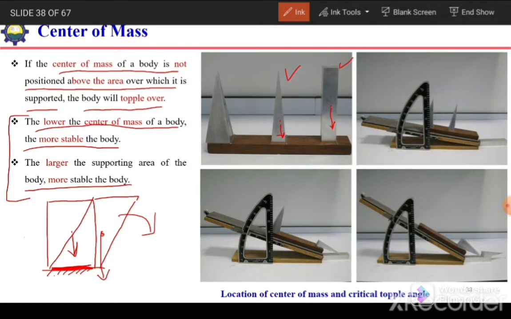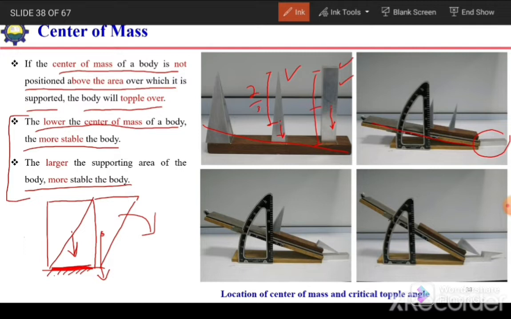The center of mass in the case of this rectangle lies at the center, and in the case of this pyramid it lies 2/3 from the top or 1/3 from the bottom. So if we rotate its base like this, first of all this rectangular structure will fall down, it will topple over.